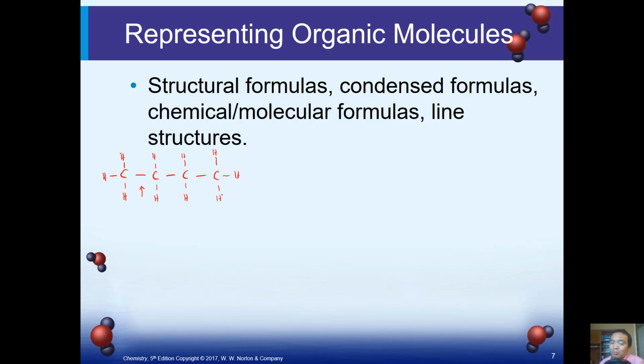So this is one way to represent the structure. For this structure, it's very straightforward with all connectivity clearly indicated, and we call this type of structure a structural formula, because it clearly indicates all the details about the structure.